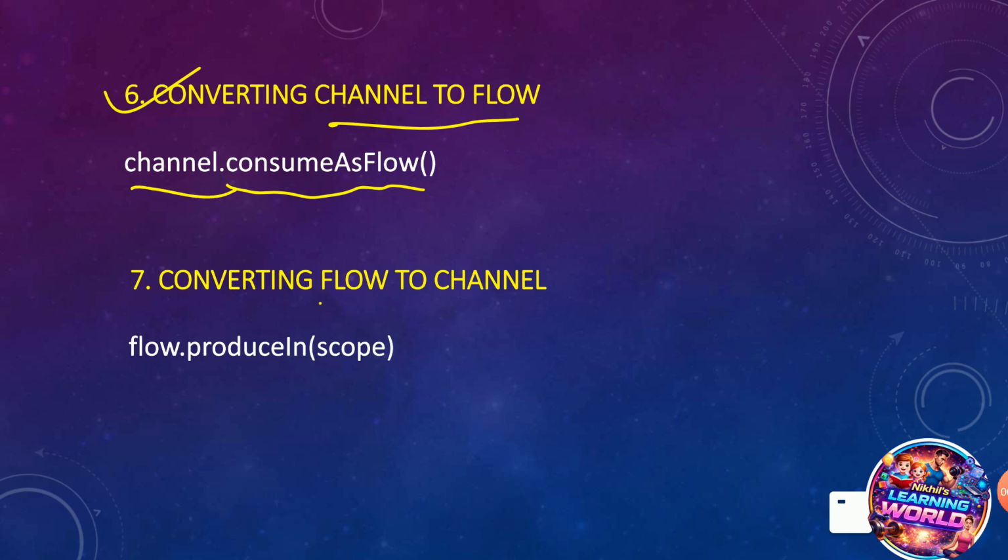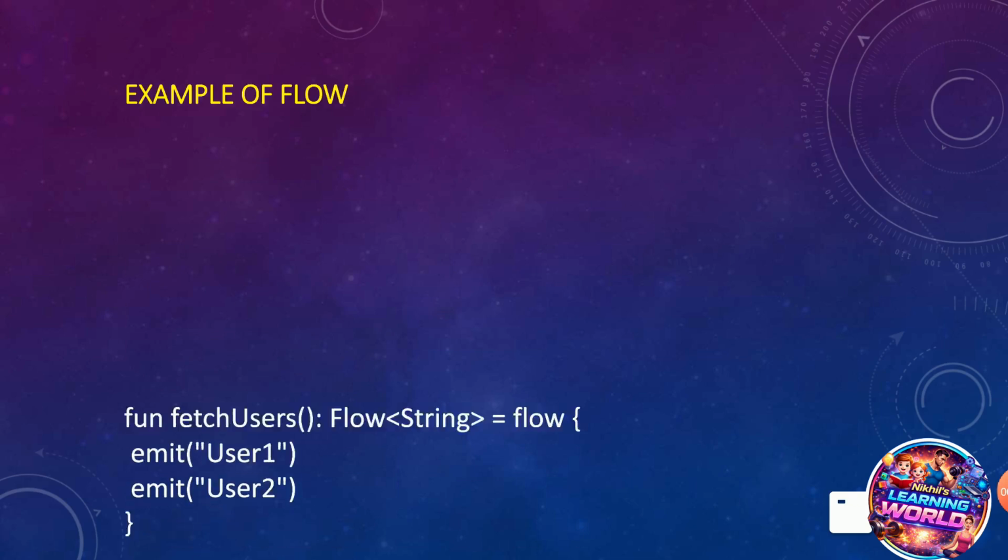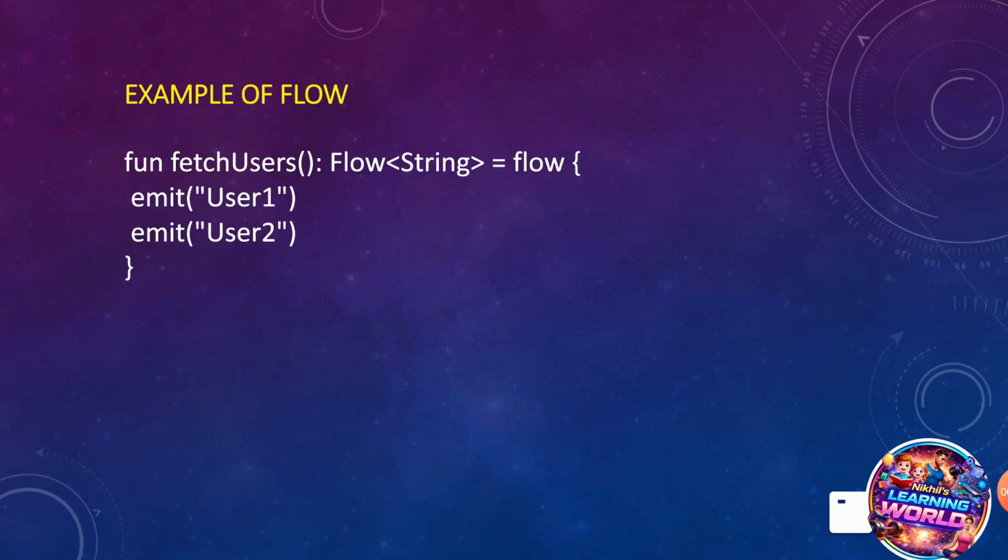Example: you can see here fun fetchUser(): Flow<String>, and the flow emits user1 and user2. In this way you can emit the data in the Flow. And about the Channel, you can see an example like val eventChannel = Channel<String>() with sender and receiver, because a Channel is always used for communication.